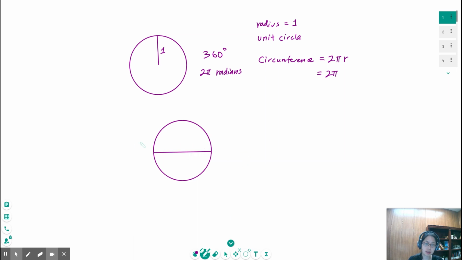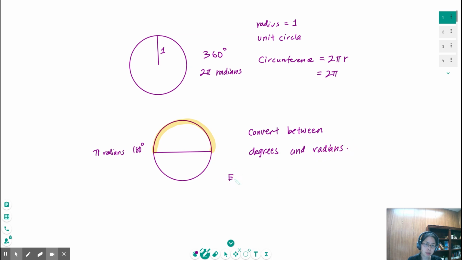So we're looking at 180 degrees, which is the same as pi radians. And we can show this as a conversion. So we can convert between degrees and radians.